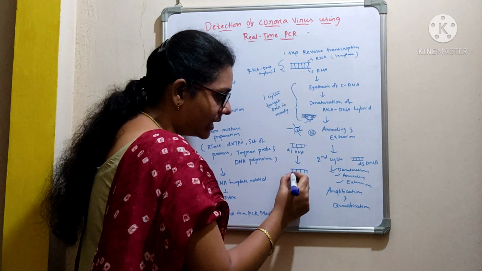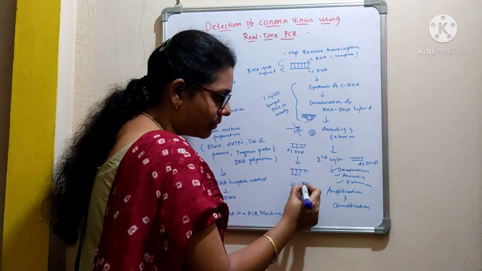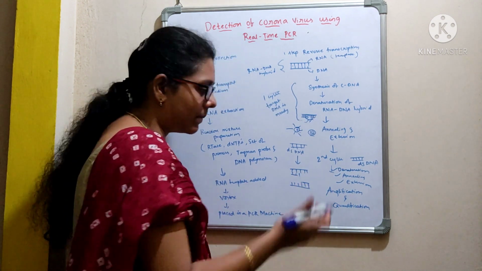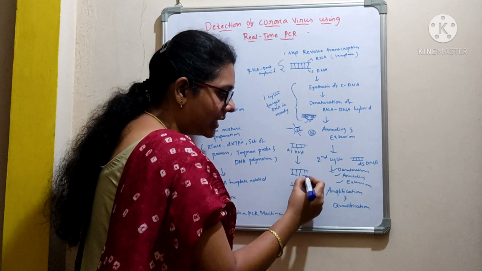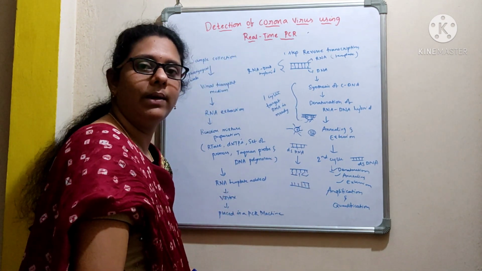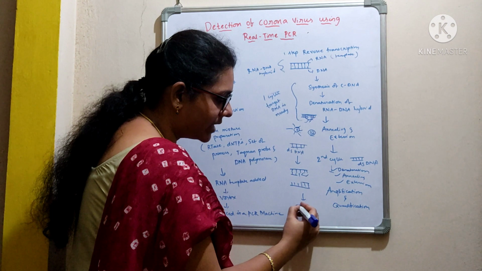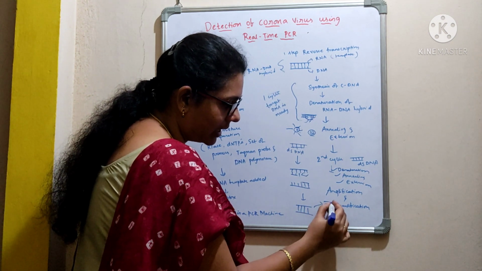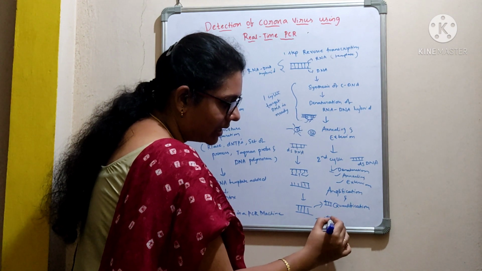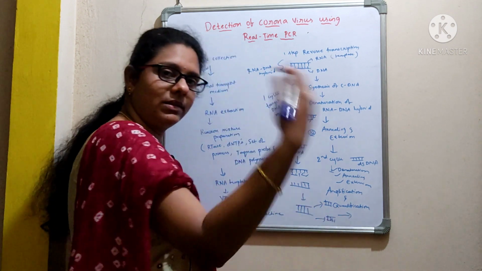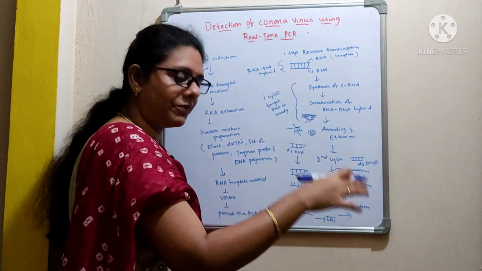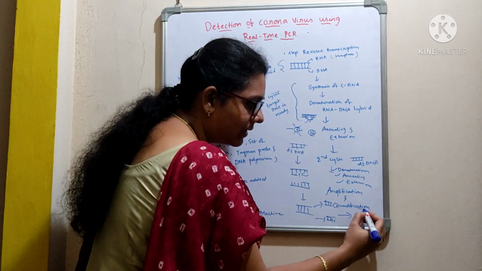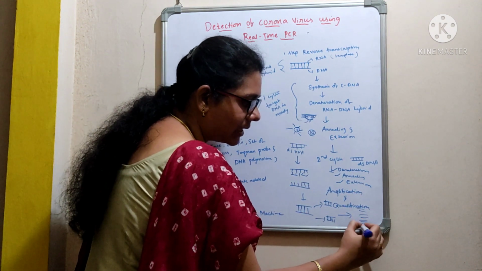Again in the step of annealing, primers will go and bind, both the forward primer and the reverse primer. And in the same step of annealing, the TaqMan probe will also bind. And in the third step, the extension will take place. So it will again give rise to two DNA molecules. They will again undergo the third cycle of denaturation, annealing and extension, giving rise to 4 DNA molecules.